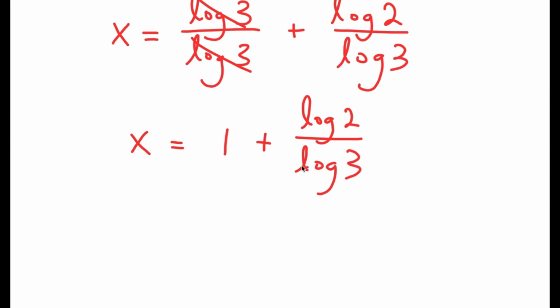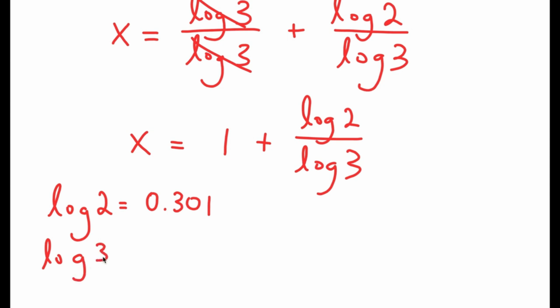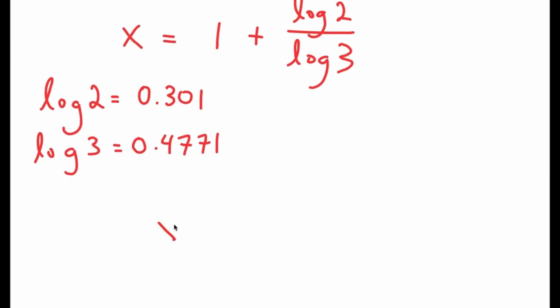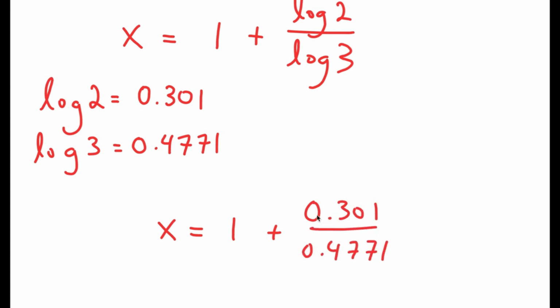Now, log of 2 is equal to 0.301, and log of 3 is equal to 0.4771. So I get x is equal to 1 plus 0.301 over 0.4771.